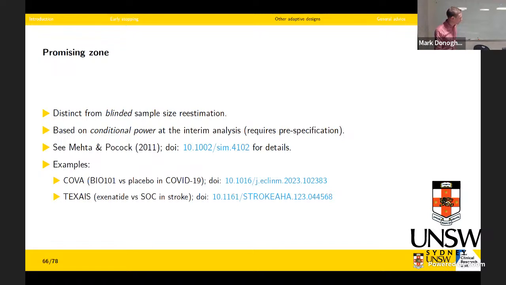And just a couple of examples of these in real life. So the COVA study was looking at a specific type of steroid hormone in COVID-19 treatment. They had an initial sample size of 310. They did an interim analysis at halfway, and it had promising results.